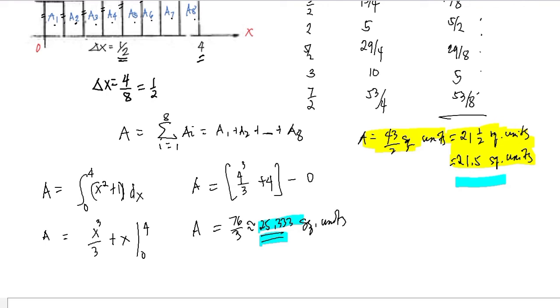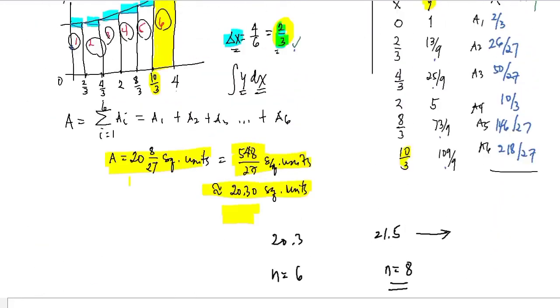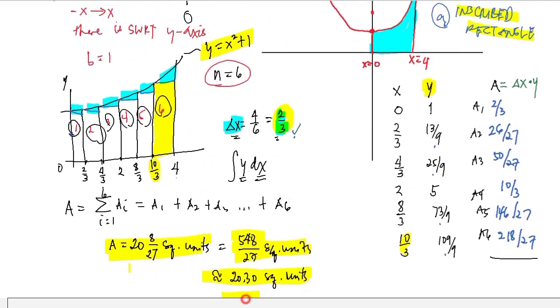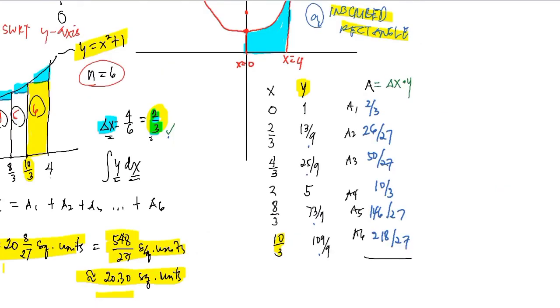Okay, so, this is for solution number 1 using the inscribed rectangle. Paano naman kapag circumscribed? Balikan na lang natin itong previous na drawing natin. No? So, circumscribed, kung titingnan natin, magkakaroon tayo ng another row. Ang another row natin ay ito, oh.